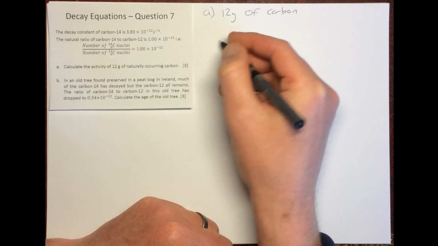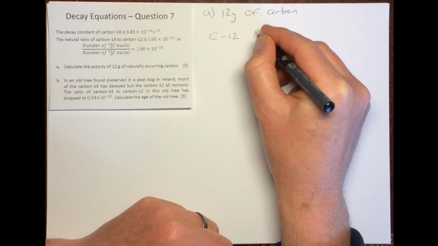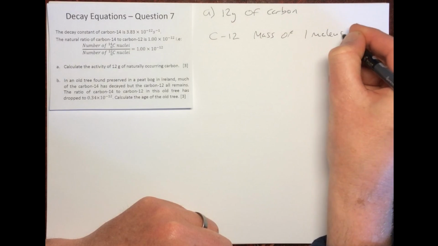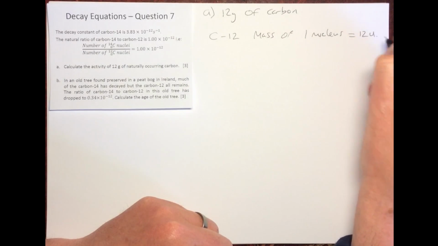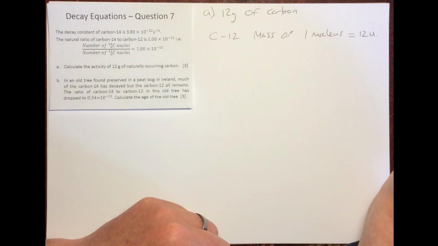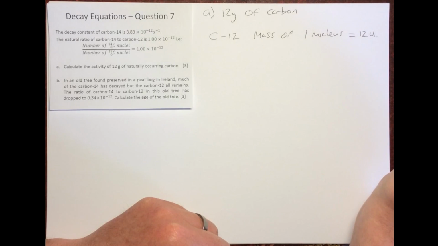The first thing we need to know is that for carbon 12, the mass of one nucleus is equal to 12 u.